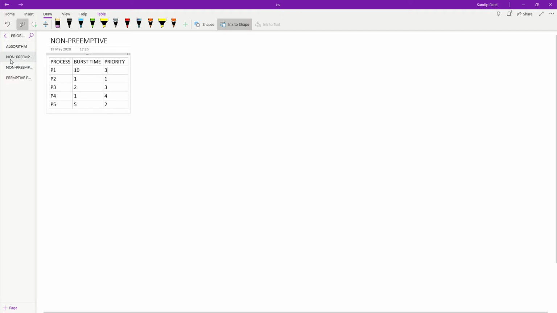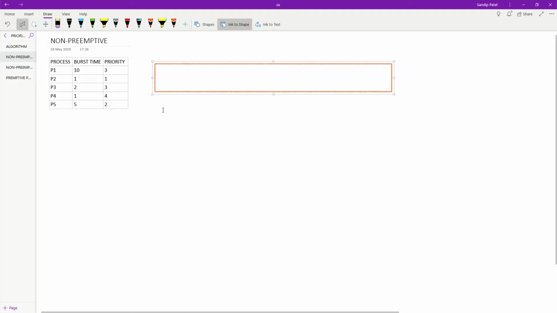First of all, we'll start with the non-preemptive priority scheduling algorithm. We'll draw the Gantt chart for the given 5 processes. Reminding you about the arrival time: at 0 milliseconds we are assuming all the processes are available in the ready queue.